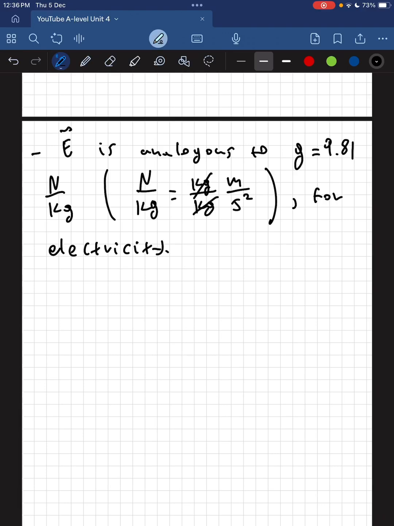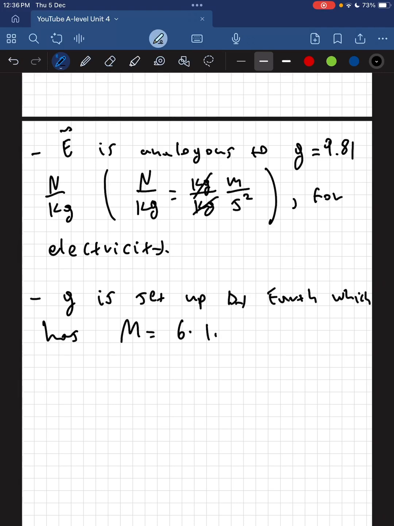How does that make sense? So who is setting up that gravitational acceleration? It's the whole of the planet Earth, pretty much. So g is set up by Earth, which has mass big M equal to 6 times 10 to the 24 kilograms. Now, my personal mass is 80 kilograms, so 80 kilograms times 9.81 is about 800 newtons.